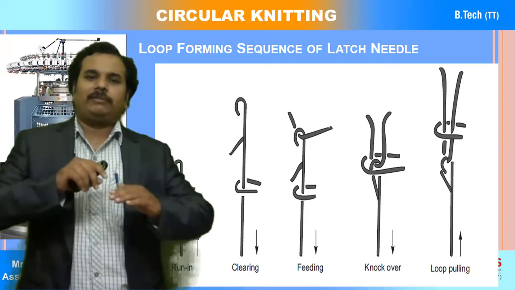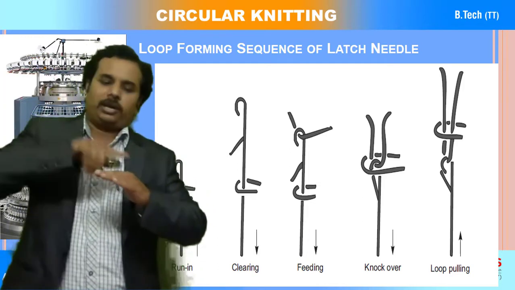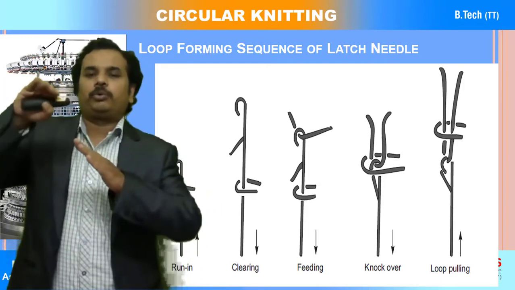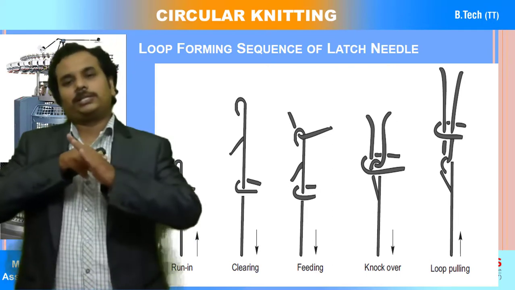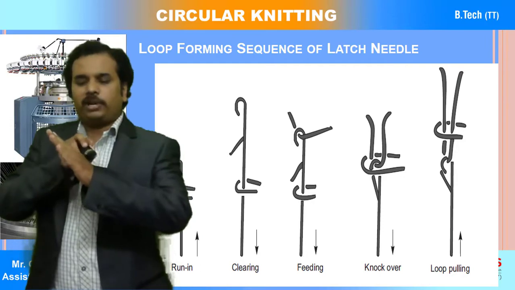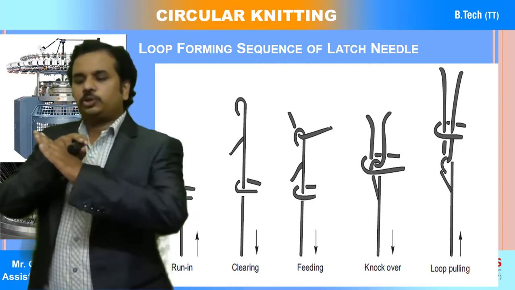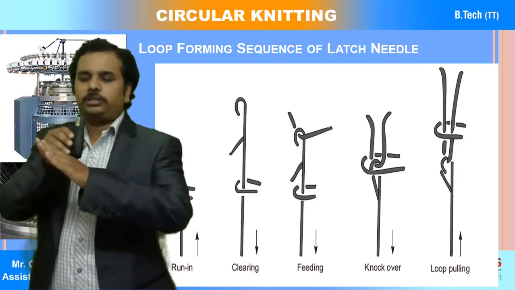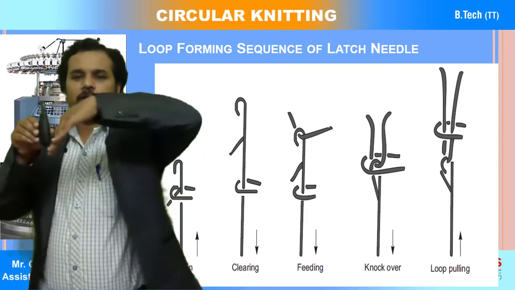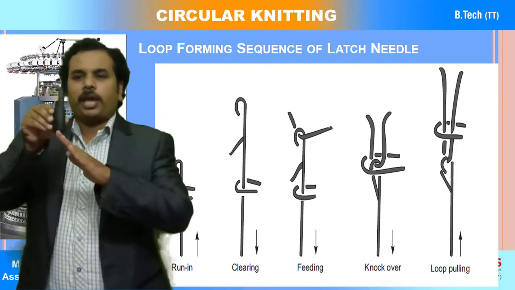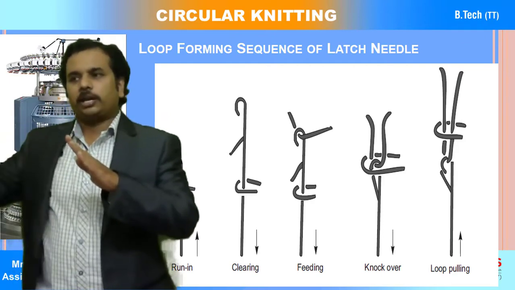If the cam has a rising position, like this angular position, our needle butt follows the same cam drive, so the needle is raised. After rising up, it is again lowered, and again rising up.